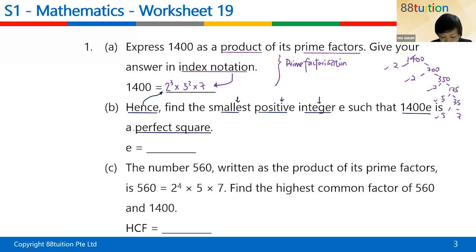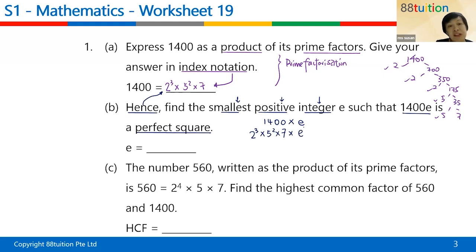Okay, all right. So what E is here will depend on how you work it out. So 1004E, that means you multiply by E, and I substitute whatever you found, 2 to the power of 3, 5 to the power of 2, and 7, the product. Now, the condition is it must be a perfect square.